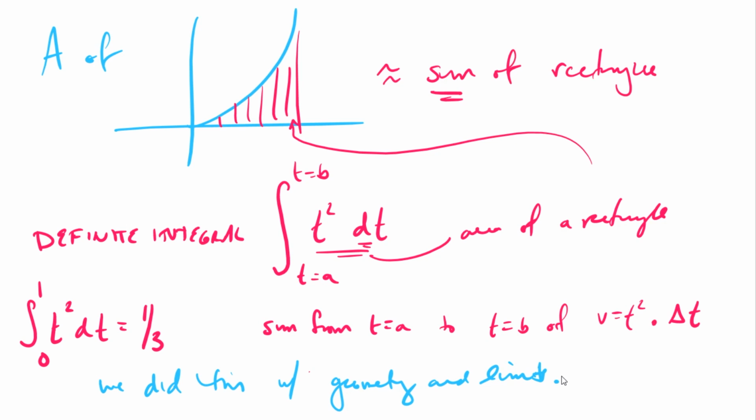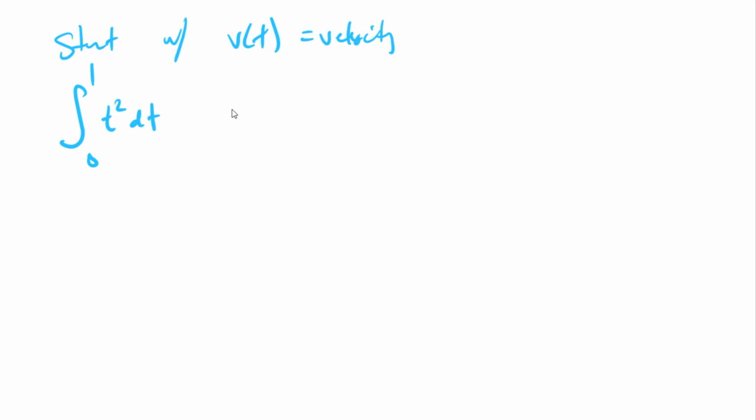So this undoes differentiation. What we've done right now is we started with v of t, which was a velocity, and then we computed its area, and what we got out the other side was a position or a displacement.